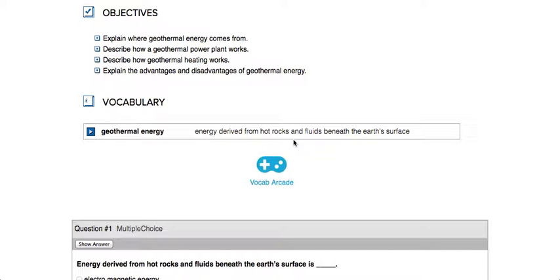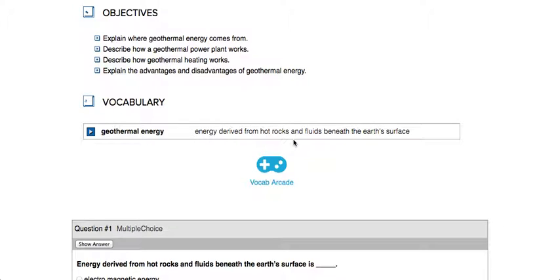We find those in the hot springs of the planet or in the geysers like Old Faithful at Yellowstone. In parts of the world where conditions are right, the heated water can be withdrawn and used to turn turbines, just like in coal burning power plants that we talked about earlier in the year.